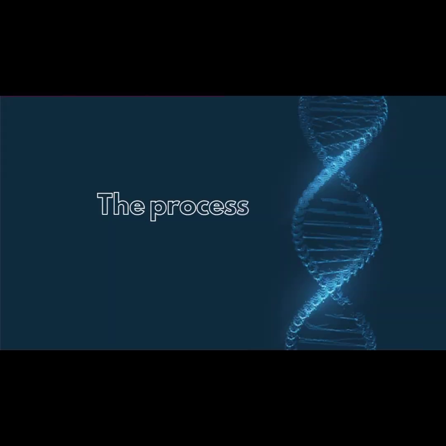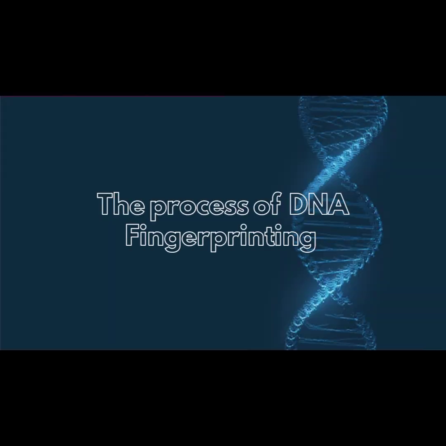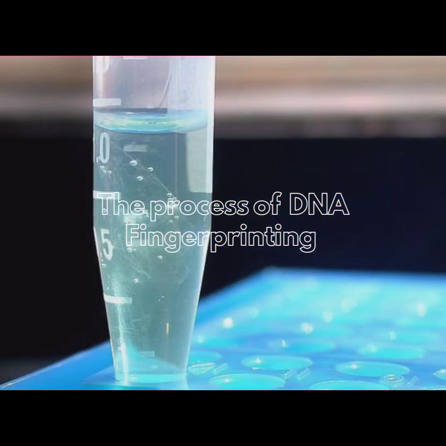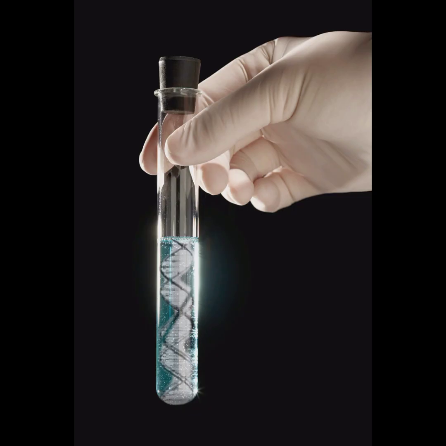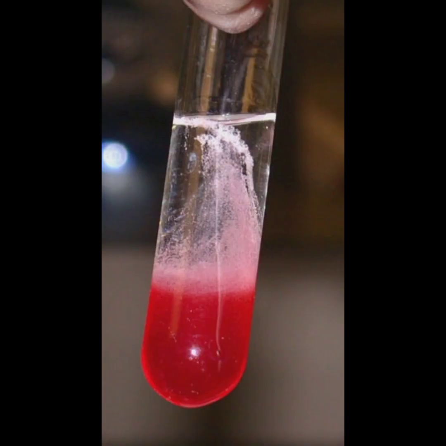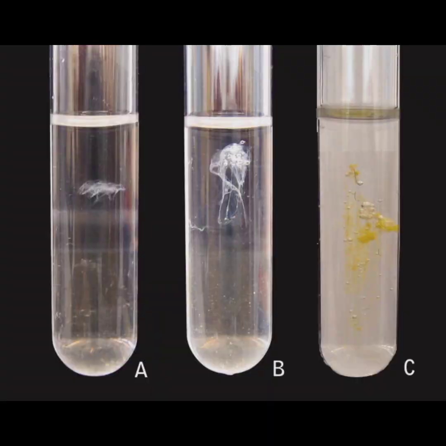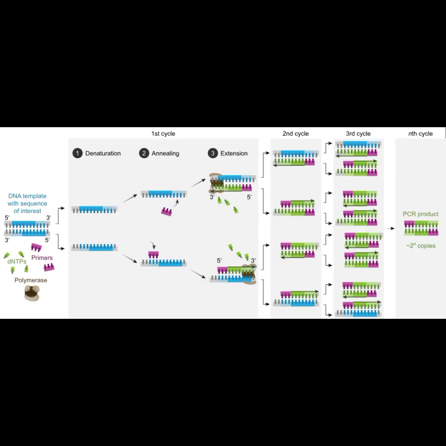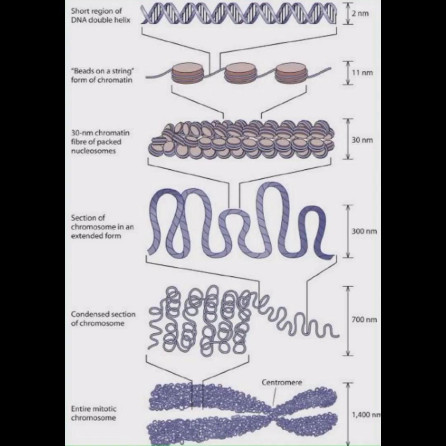Let us see the process of DNA fingerprinting. In the process, first we have to extract the DNA from the sample cells. After extracting the DNA, we amplify it with the help of PCR, that is polymerase chain reaction. During amplification, we get many copies of DNA.